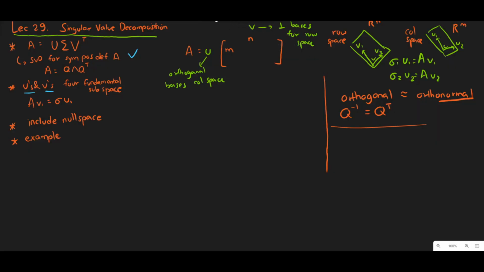Now let me summarize so far how U and V sit in terms of the column space and the row space, in the four fundamental subspaces. And I say four, why?